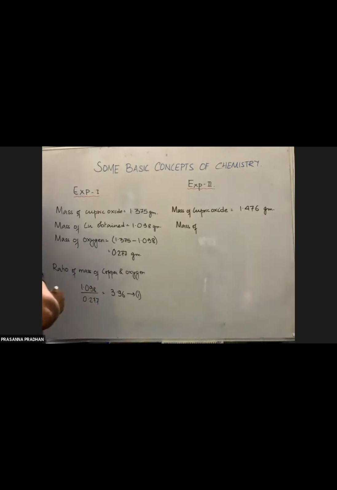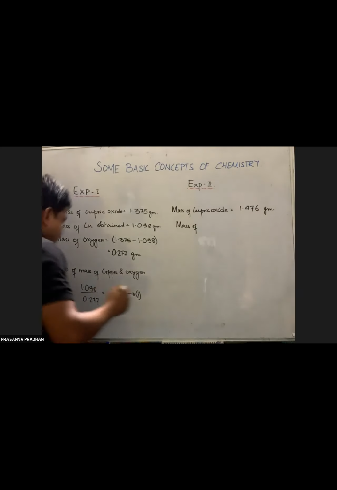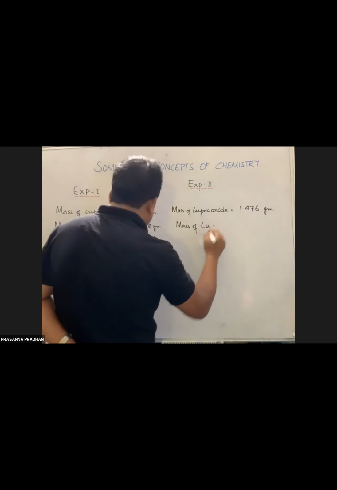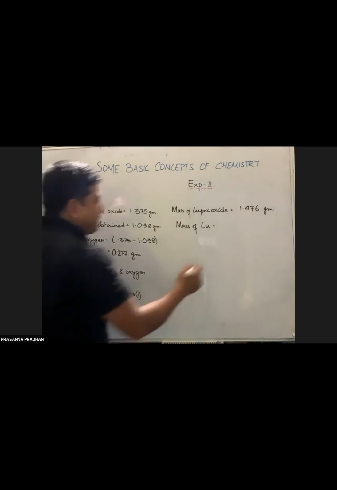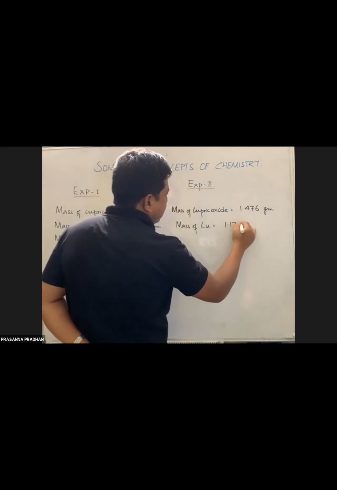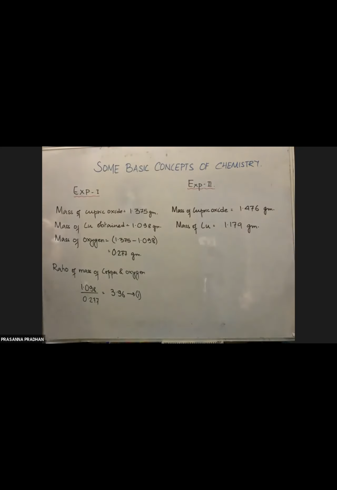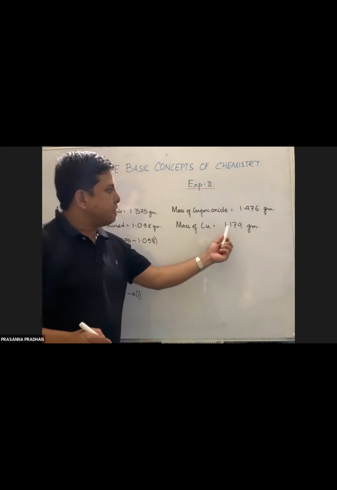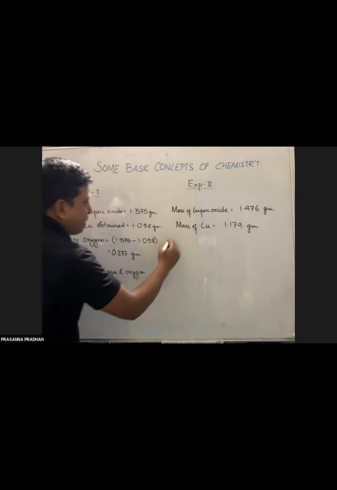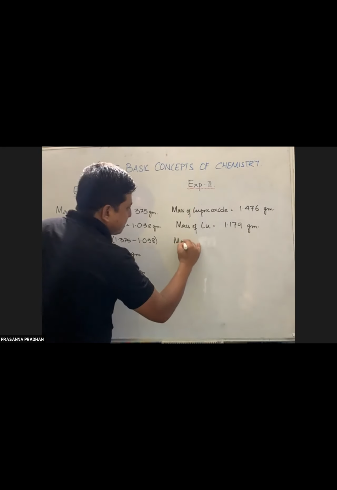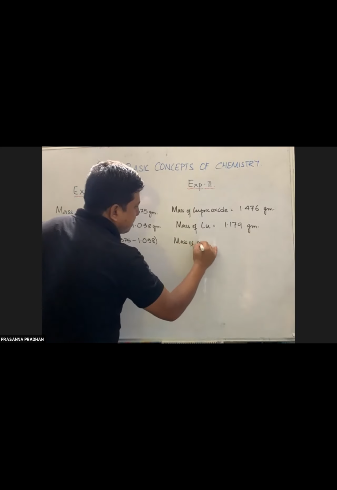And what is the mass of copper taken? It is given. Mass of copper taken was 1.179 gram. So in cupric oxide the mass of copper was this much. So obviously, what will be the mass of oxygen, guys?